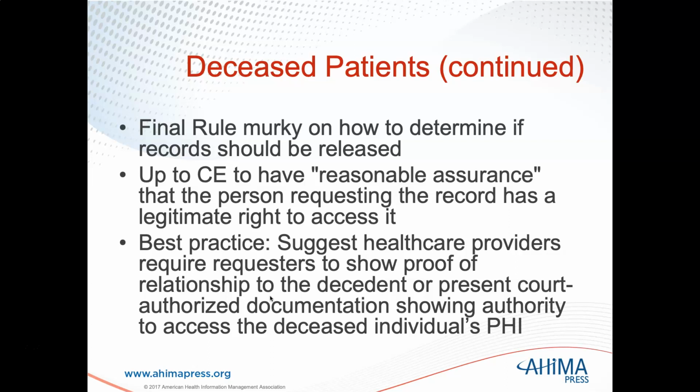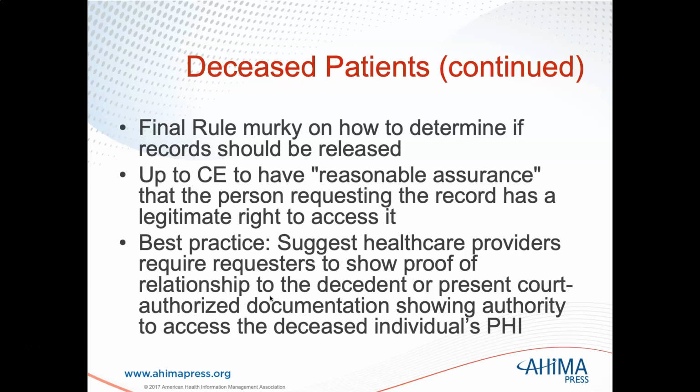Of course, federal rules don't always clearly lay out exactly how everything's going to go. So there's still some gray areas on how and who and all of that, how the records should be released. It's up to the covered entity to have a reasonable assurance that the person requesting the record has a legitimate right to access it.